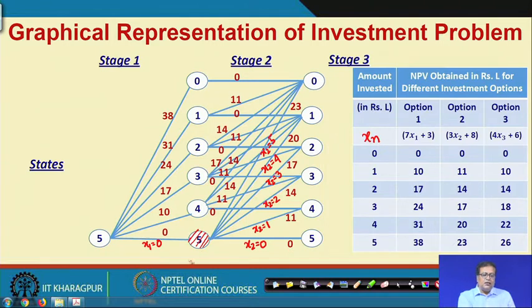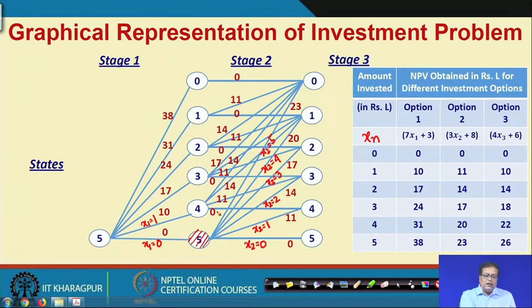Now, assuming x 1 is not 0, rather x 1 is equal to 1. If x 1 equal to 1, then at stage 2 we have reached a value of 4. Now, depending on that, x 2 will have several options, not so many, slightly fewer options.